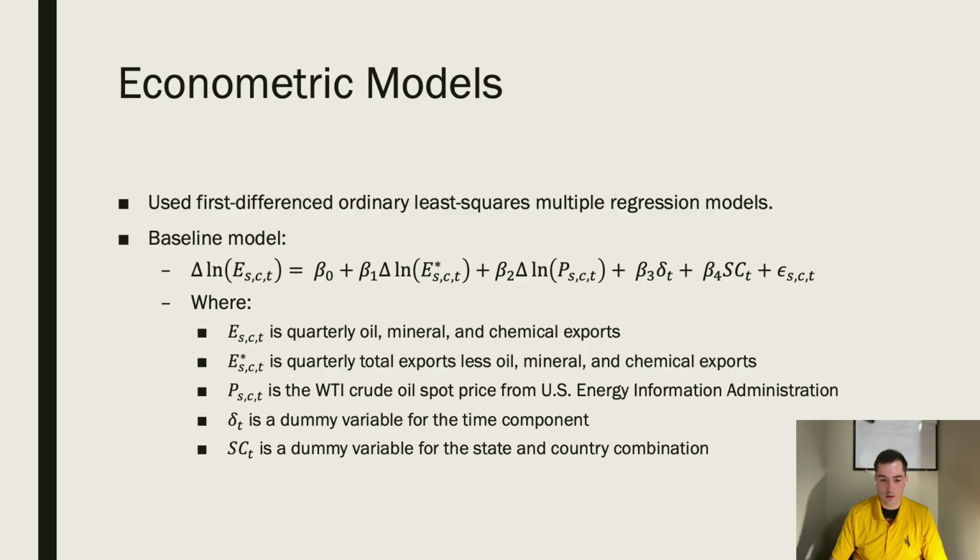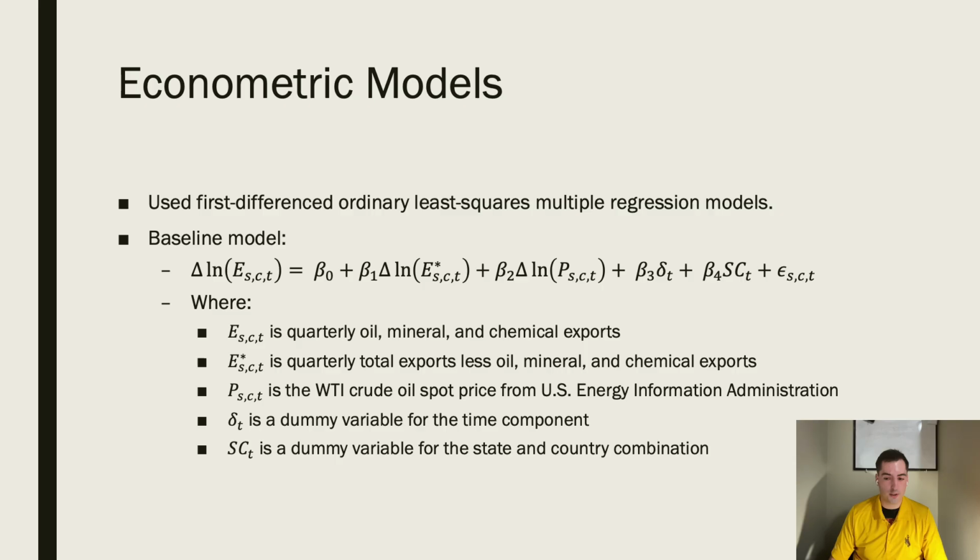This E star represents total quarterly exports less oil, mineral, and chemical products for state S to country C in time period T. I also decided to include the spot price of crude oil, that's given by the U.S. Energy Information Administration.